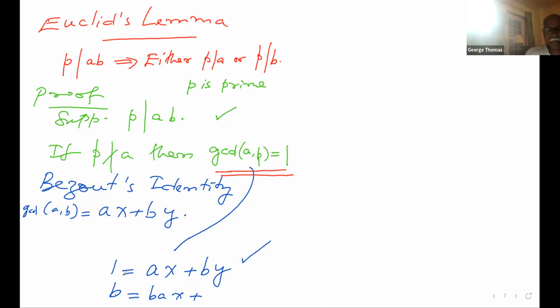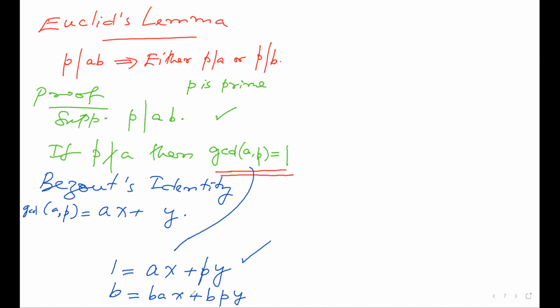Oh, look at the mistake I made. What is B here? It's P, not B. It's A and P. No wonder you guys had a problem with that. I knew that P was P. So it's BPY. Okay?